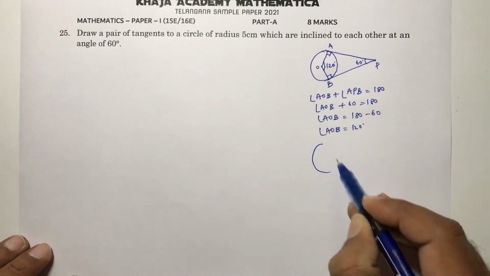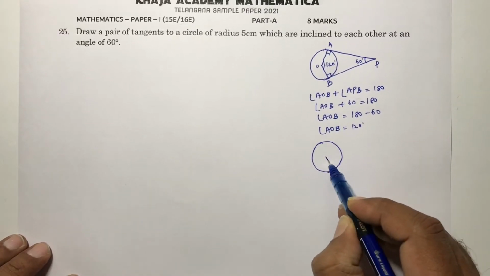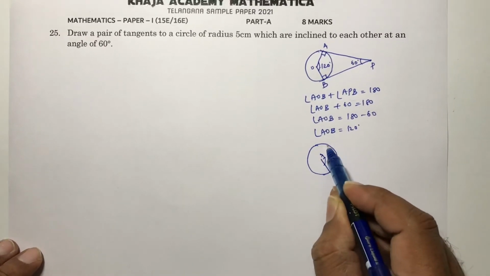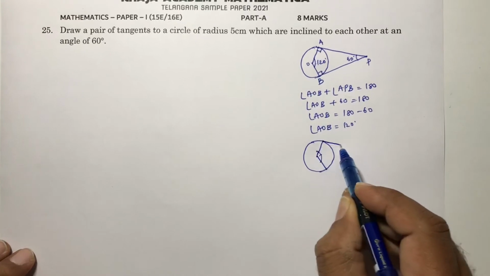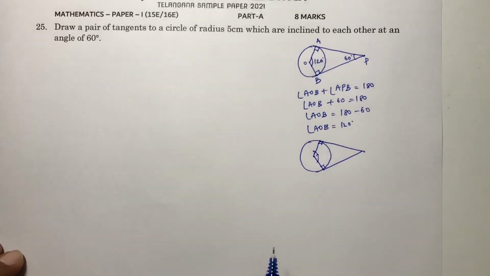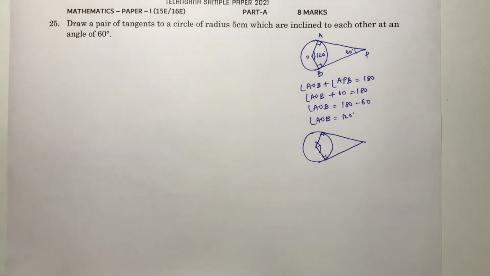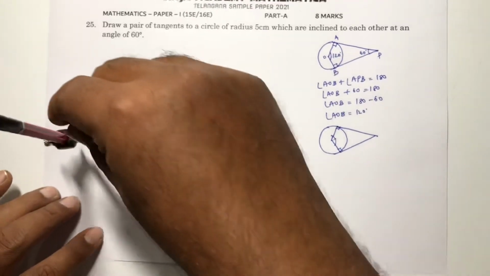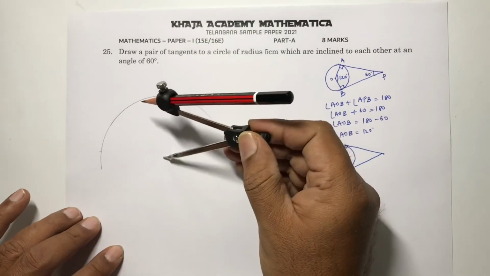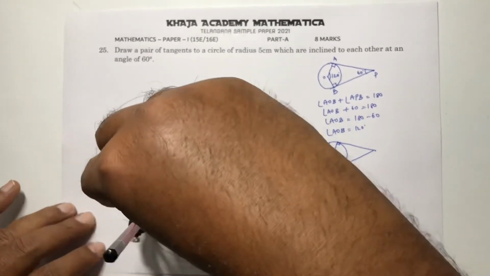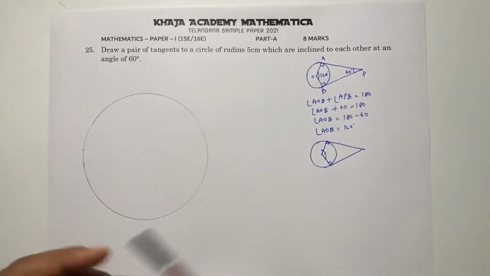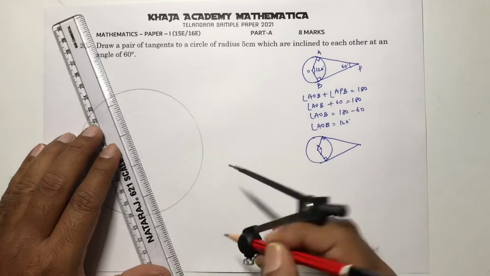So here the angle is 120 degrees. How I'll do the construction is, first I'll draw a circle of radius 5 centimeters. Then I'll draw the radius a little bit cross like this. Here I'll draw 120 degrees. At this point I'll draw a perpendicular, and at this point also I'll draw a perpendicular, because the angle between radius and tangent is 90. Now see, I'll do the construction. Circle of radius 5 centimeters. Here I'll draw the radius a little bit cross.